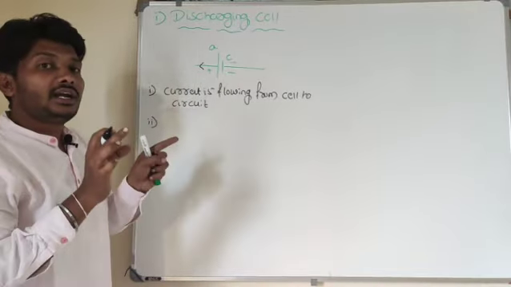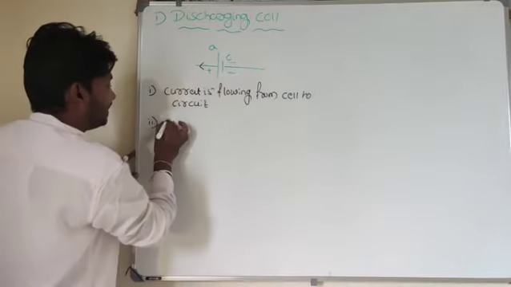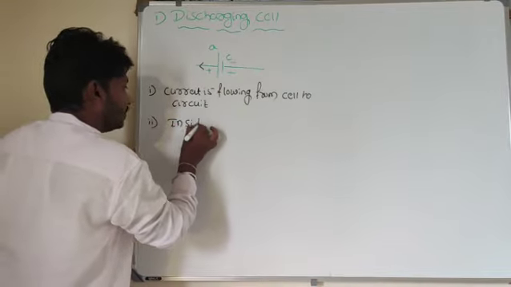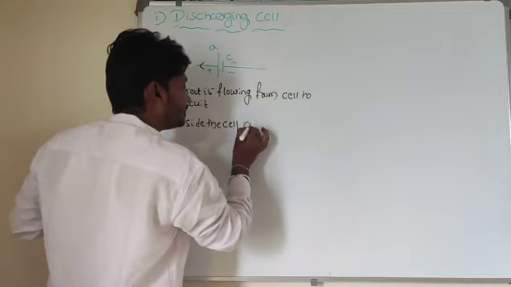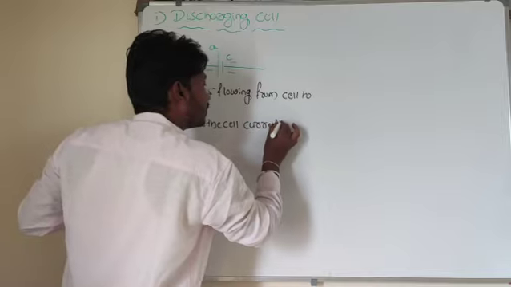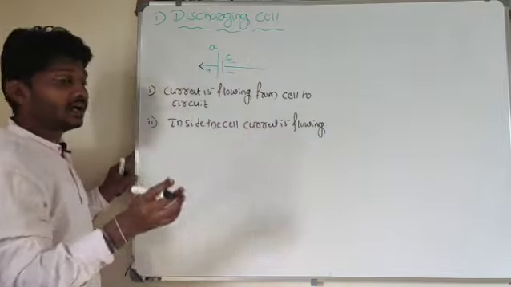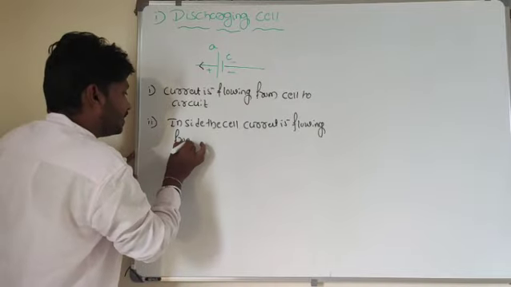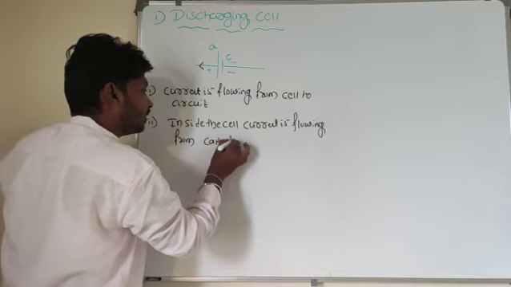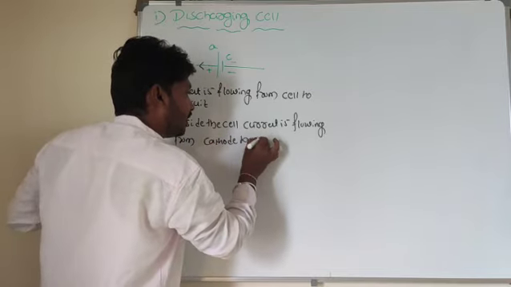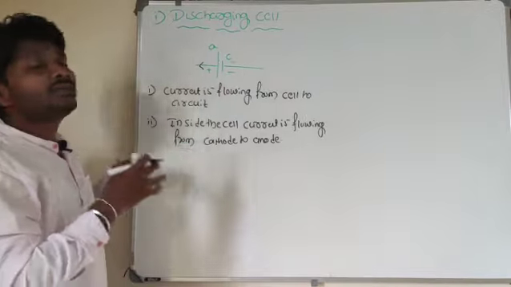Within the cell, current is flowing from the cathode to the anode. Remember this point: inside the cell, current is flowing from cathode to anode.